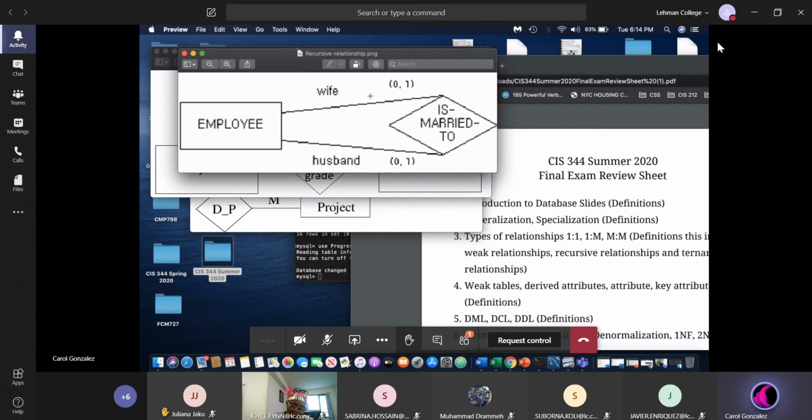So a recursive relationship is that no matter what kind of relationship you have, husband, wife, student, tutor, it doesn't matter as long as they both have the same attributes. They just have a relationship with one another. If it's, let's say, students, a student could be a tutor, as a tutor could also be a student. It's the same thing.